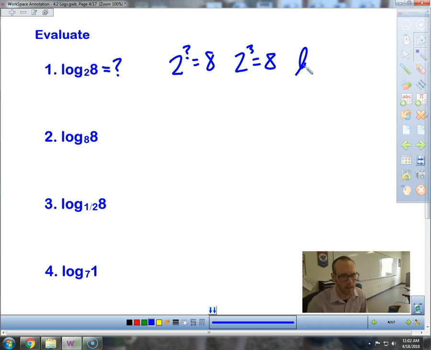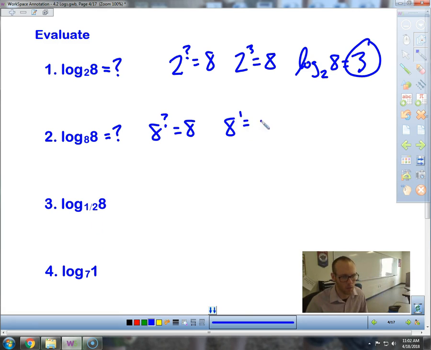So we would say the log base 2 of 8 equals 3. Log base 8 of 8. 8 to the what power equals 8? Well, 8 to the 1st equals 8. So what does the log base 8 of 8 equal? 1. I'm not going to write this step anymore. I'll just write that as 1. Log base 8 of 8 equals 1.